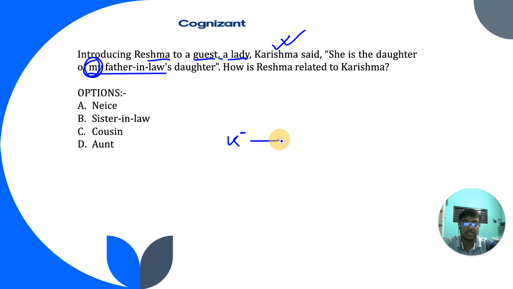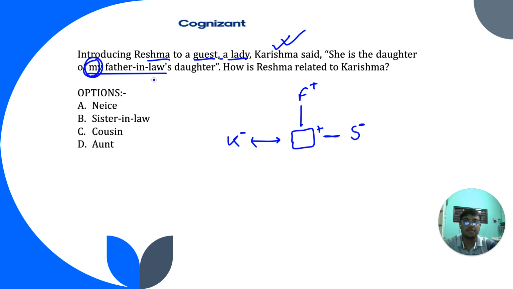So Karishma is married to someone. He has a father. Let me mark it as father. Karishma's father-in-law's daughter, that means the sibling of Karishma's husband.